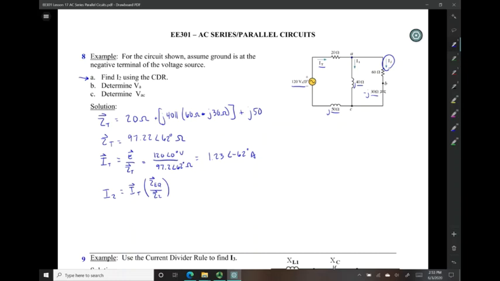Alright, so in this case I need to first find Z equivalent. So that's 1 over J40 ohms plus 1 over 60 minus J30 ohms. All of that quantity to the negative first power.